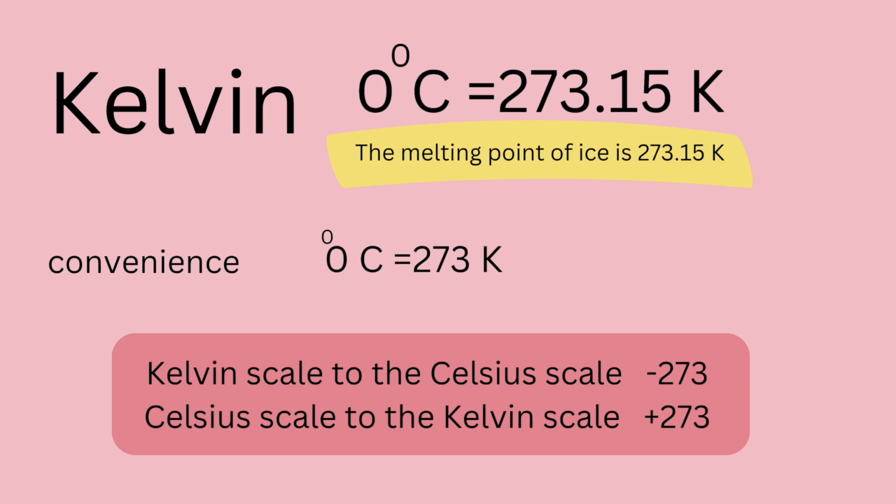This is something that we use to solve problems. We are probably doing it in the exercise later. You just have to remember that Kelvin is the SI unit of temperature, and the melting point of ice is 273.15 Kelvin, and rounding it off we get 273 Kelvin, and we use that as 0 degree Celsius for convenience, right?